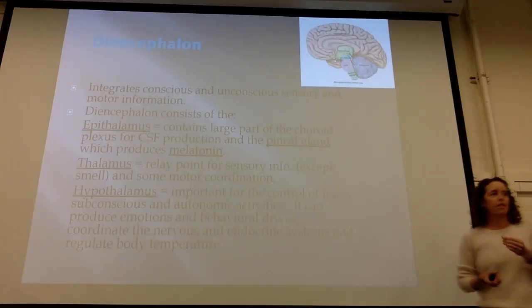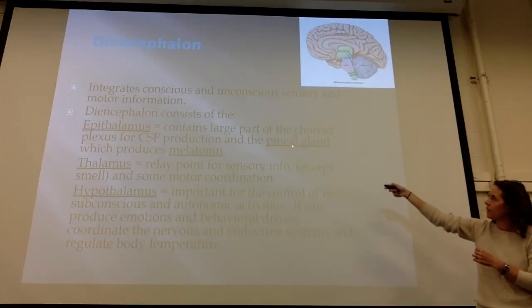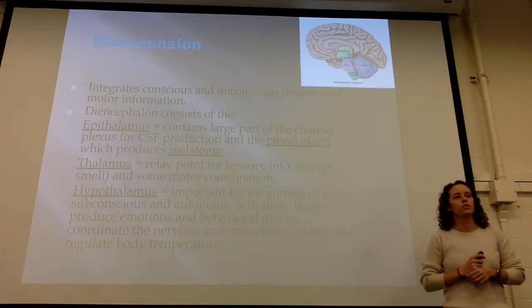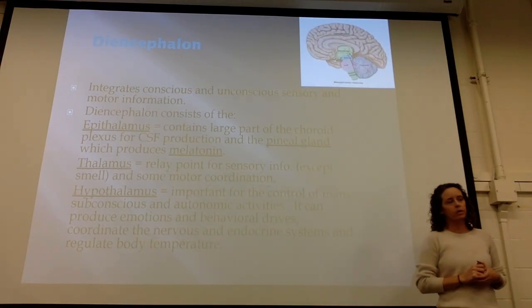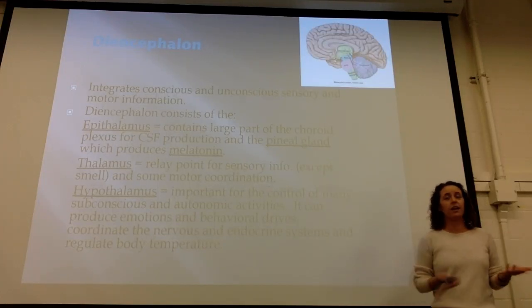So the epithalamus contains a special gland called the pineal gland. The pineal gland produces a hormone called melatonin. Does anyone know what melatonin does? Does it have something to do with sleep? Yes. You've maybe heard of melatonin or seen it even.